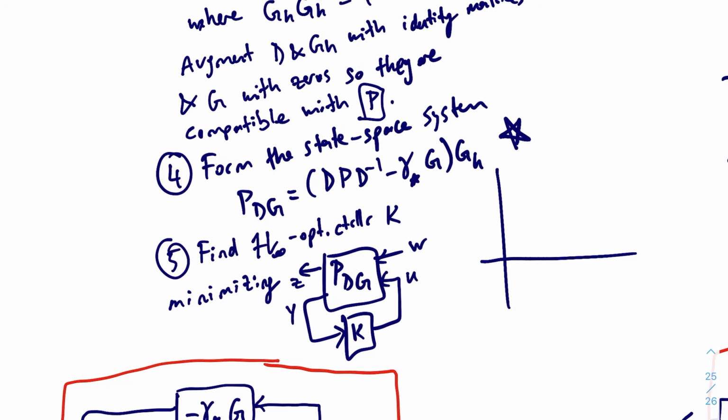We determine gamma for each frequency, however, we take the maximum of it and we call it gamma star. So in each omega, we computed the gamma.